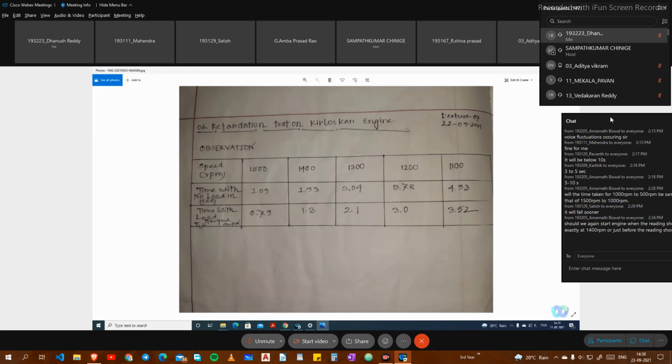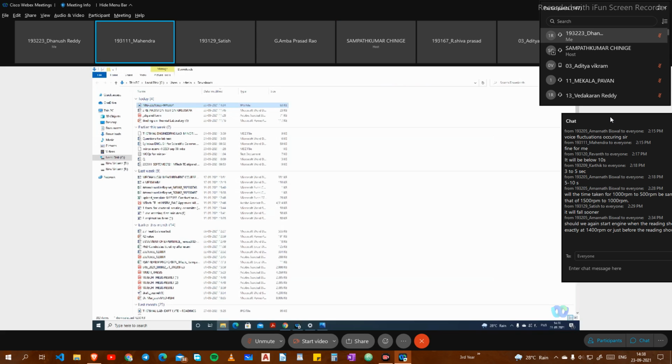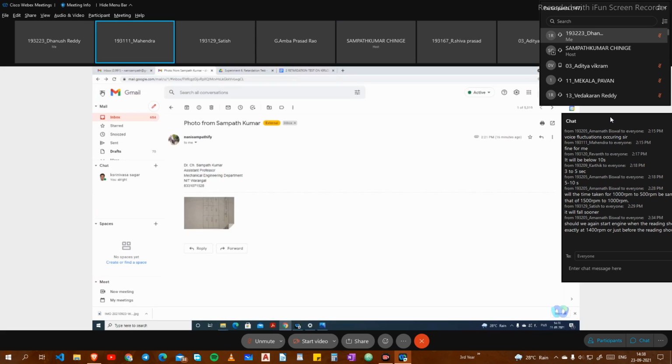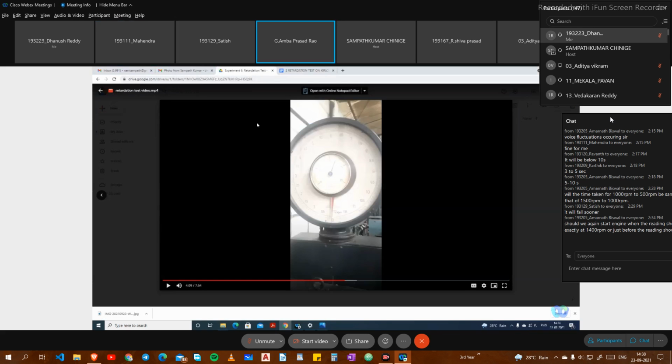So we have to be very cautious. We have to pause our stopwatch at 1400 when it's moving very quickly. Am I right, sir? You cannot pause because the fall in speed is continuous. Okay, sir. When it is crossing 1400, we have to look at the stopwatch and write it. Yes, you have continuously noted it down.